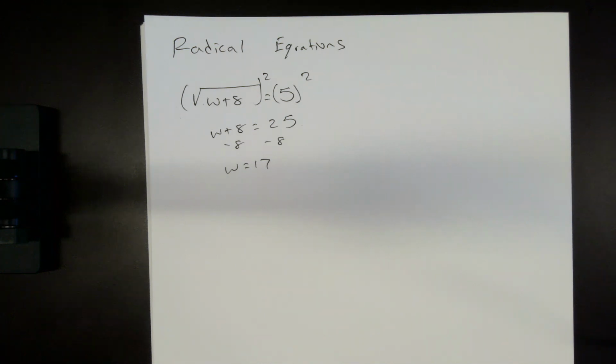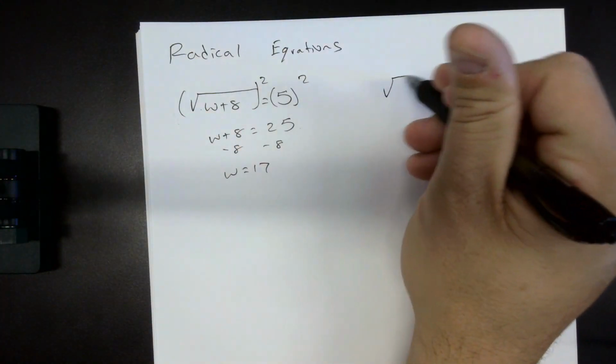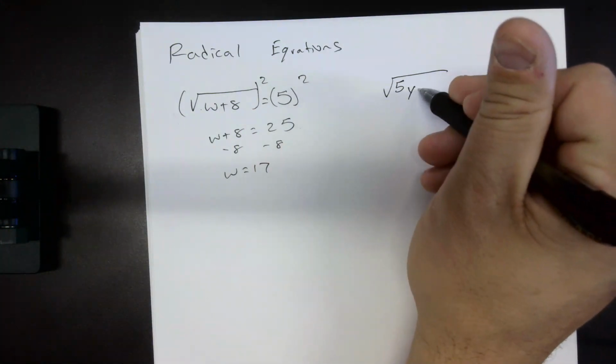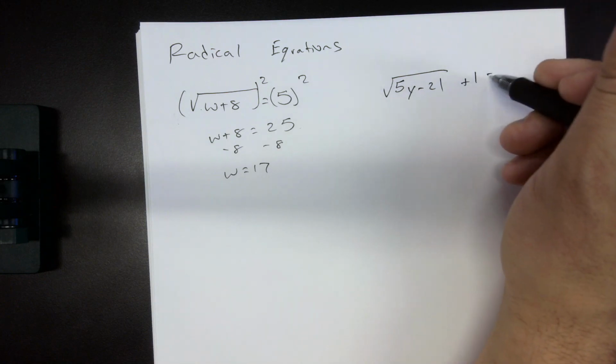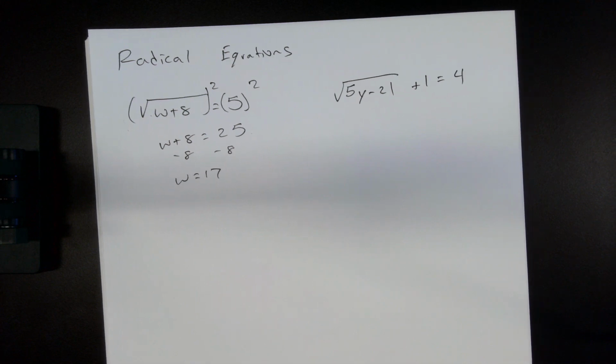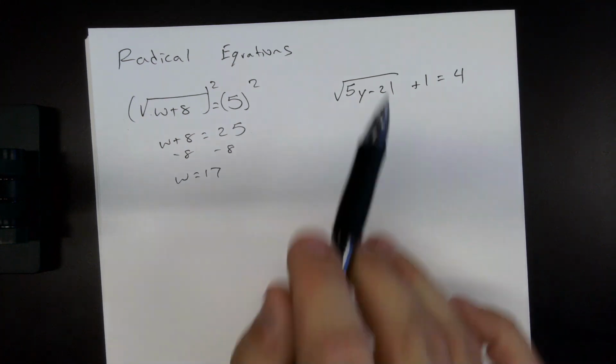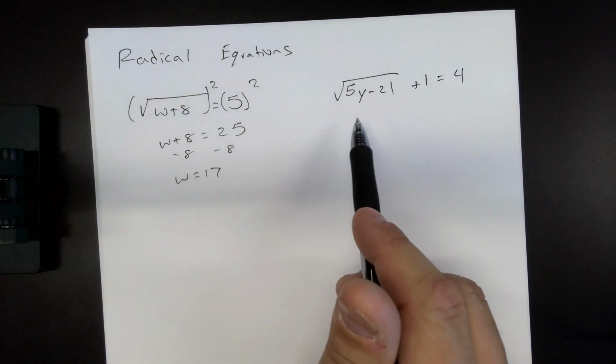Okay, so the key thing about radical equations is to get the radical alone, and you do everything in your power to get the radical alone. So for example, if I had the square root of 5y minus 21, plus 1 equals 4, the first thing you have to do, the radical is not alone. Does everyone see that?